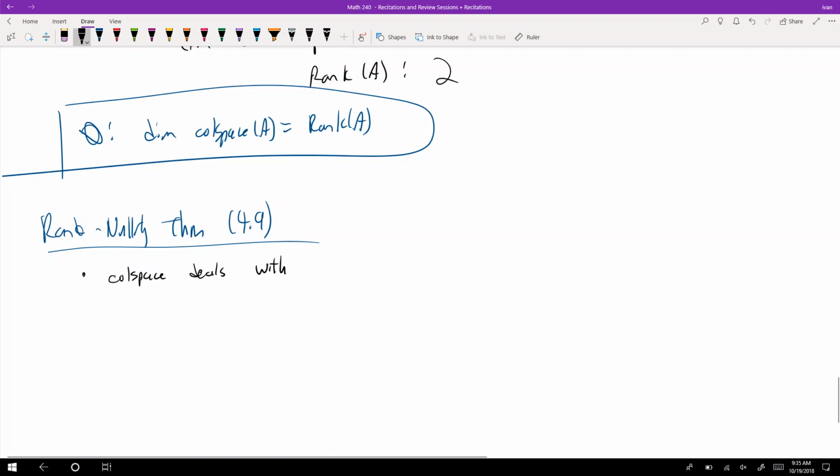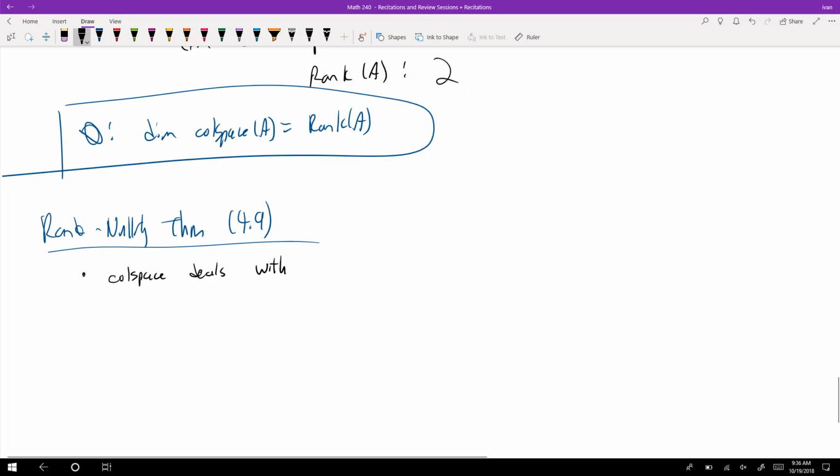Okay, so what does the column space deal with in terms of this equation right here? In terms of Ax equals b, what parts of this are we concerned with when we talk about column space? Is it the set of all solutions?